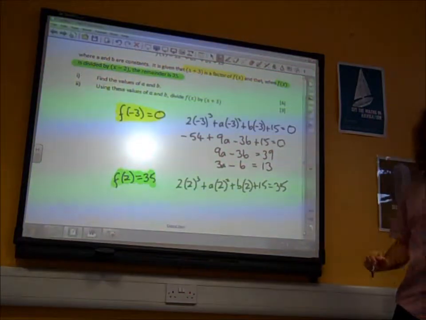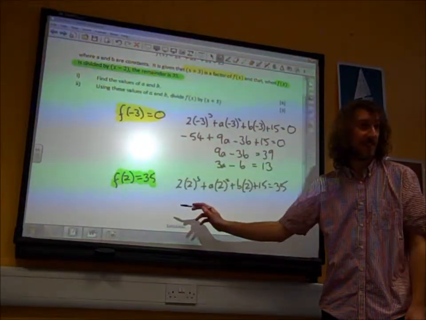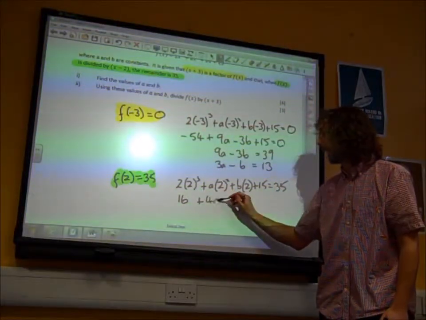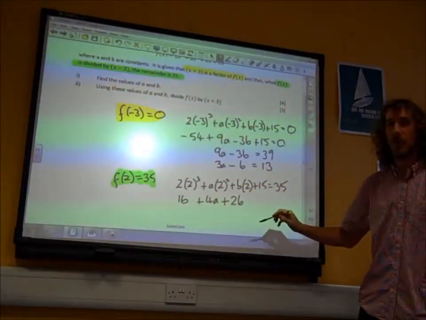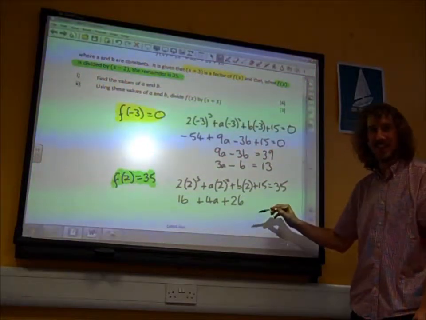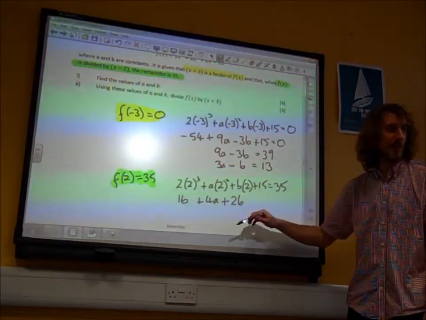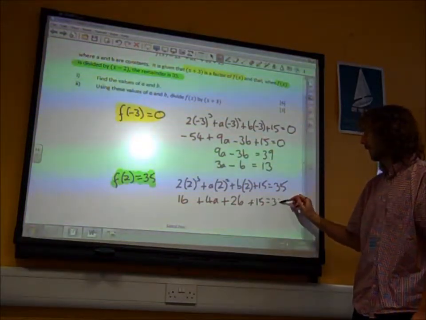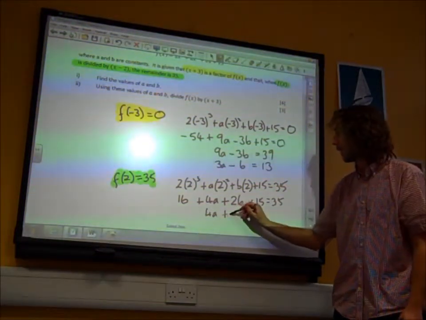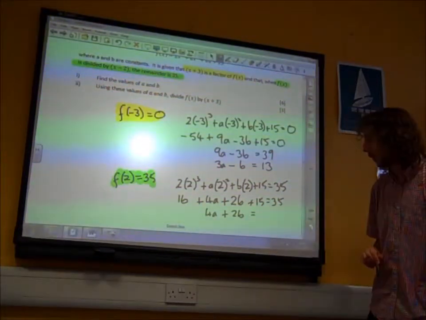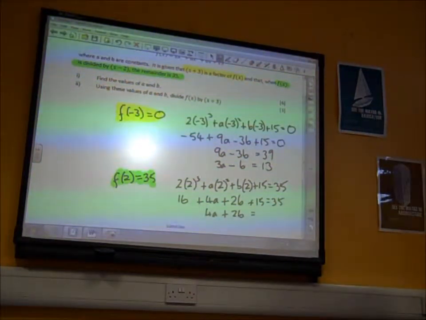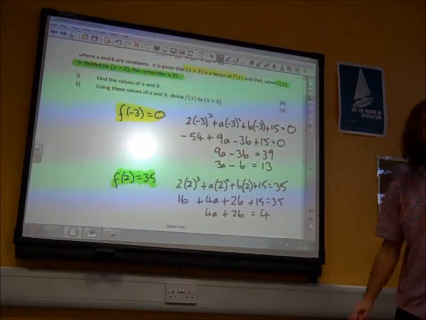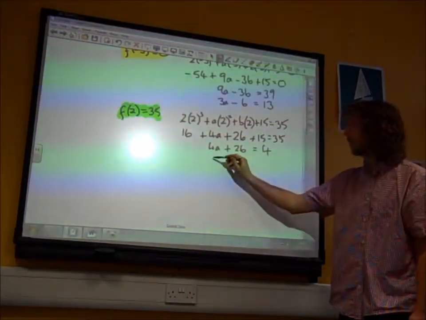If we work that through, this bit is 16, plus 4a plus 2b plus 15 is 35, so we've got 4a plus 2b is 4. And again, we've got a common factor of 2 that it makes sense to divide through by.